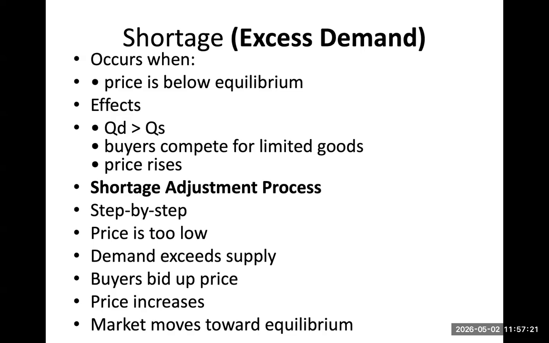Because consumers are rational, they always aim at maximizing satisfaction. So at the lower price, they want to buy more of the product, and they compete for the limited goods. This will force the price to rise. So when the price is too low, demand exceeds supply, and the buyers bid up the prices.